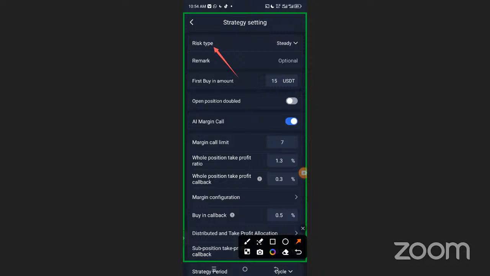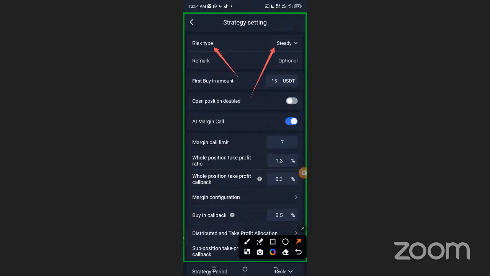iPhone users, if you are here and you are using an iPhone, on risk type you are going to find that your robot is in conservative. I have witnessed that. I have now found three people using iPhones.